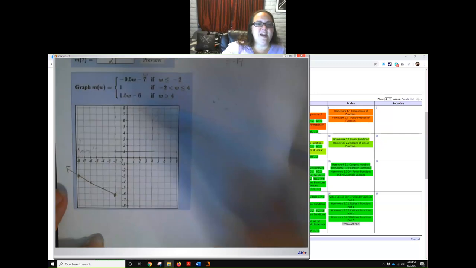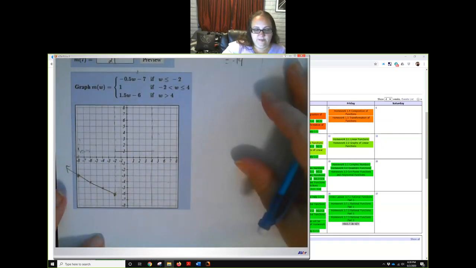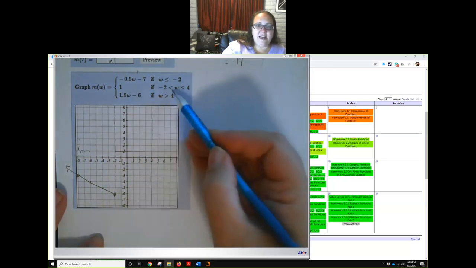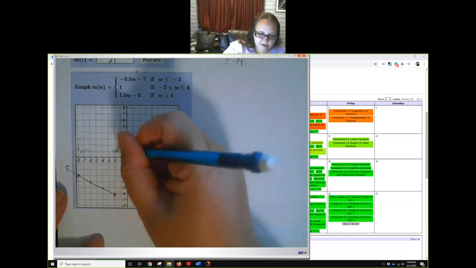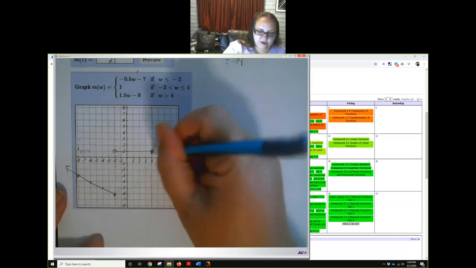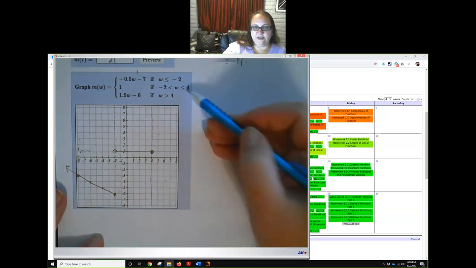So I'm going to get rid of everything that is not in between -2 and 4. On the -2 side, I need an open circle. And on the 4 side, I need a closed circle. Inclusion, exclusion.